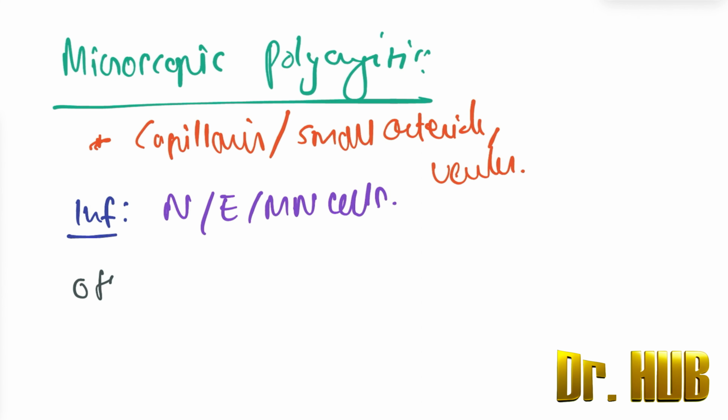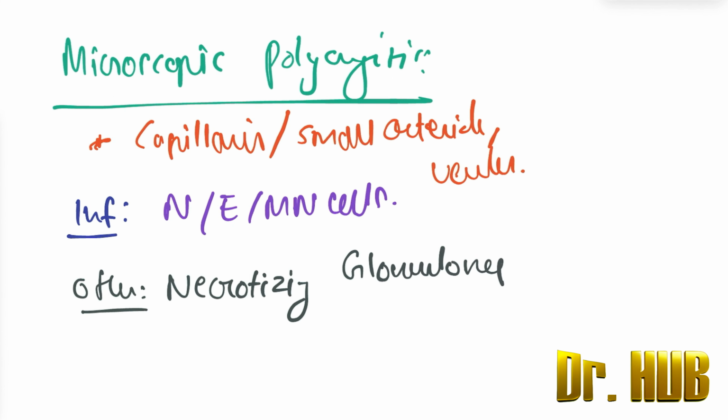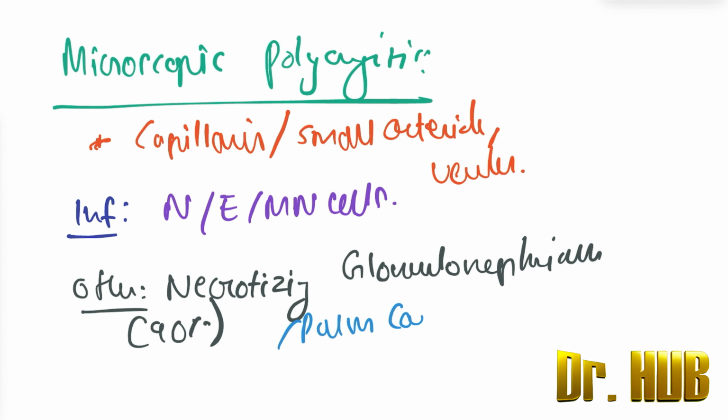It involves the necrotizing glomerulonephritis, in about 90% of the patients, and it also involves the pulmonary capillaritis as well as the leukocytoclastic vasculitis.